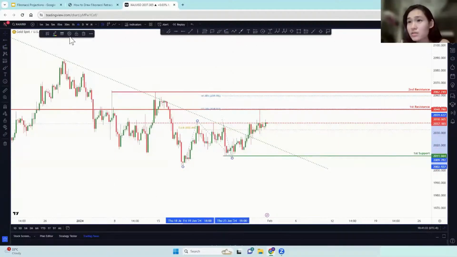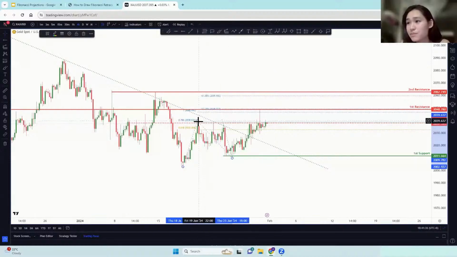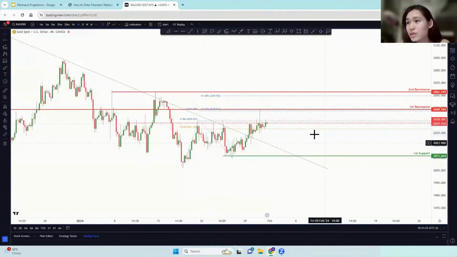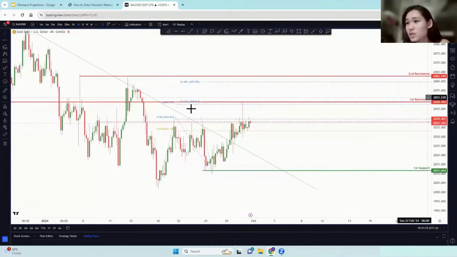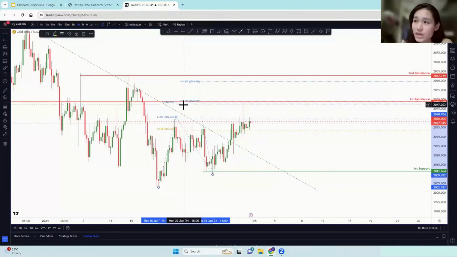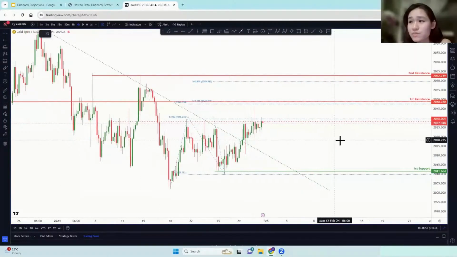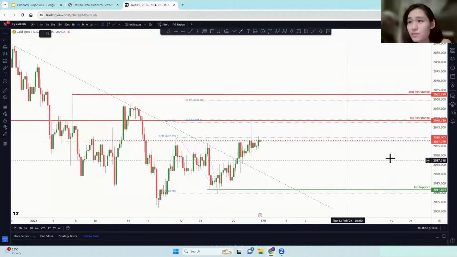And we use 61.8, 78.6, and 100%. This 78.6 lines up nicely with my intermediate resistance, and 100% also lines up with my first resistance. So I'm just going to keep those two.